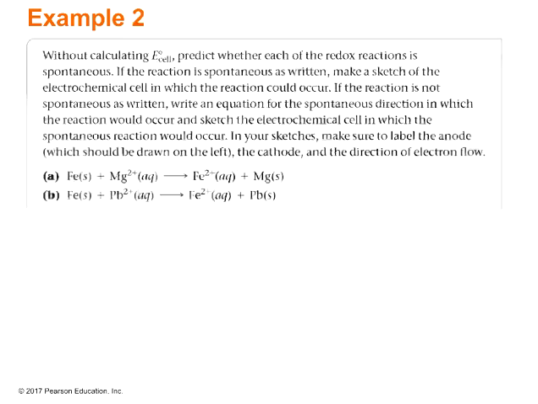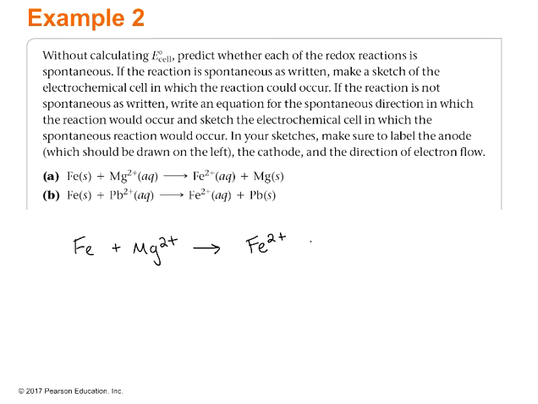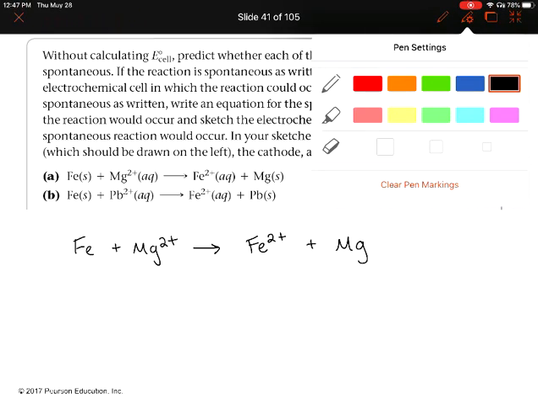Okay, so let's start by figuring out A. We've got iron reacting with magnesium ions to produce iron 2 plus and then magnesium. Let's assign oxidation numbers.